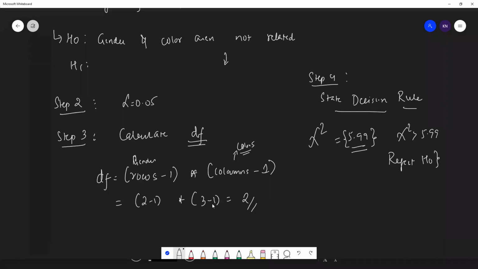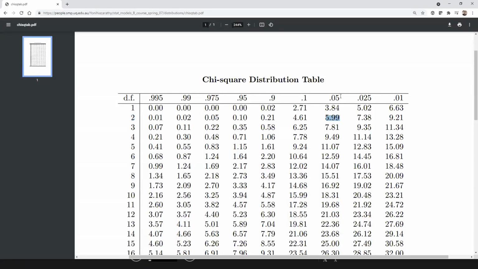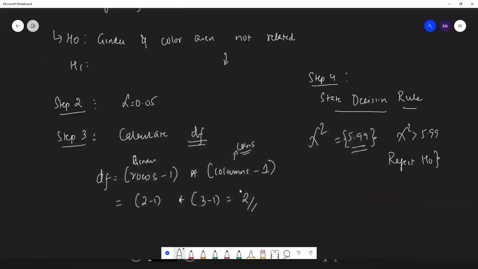Again, you want me to open the chi-square table? See over here, 0.05, degree of freedom is 2. I have calculated it over here.